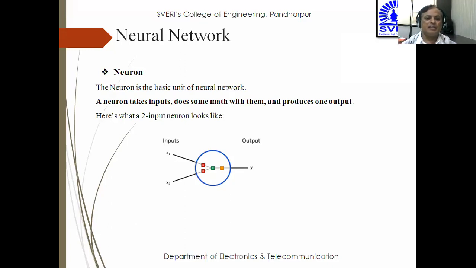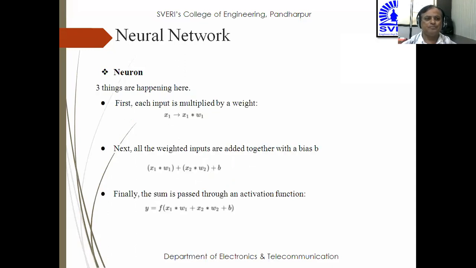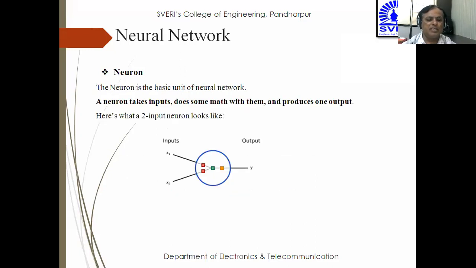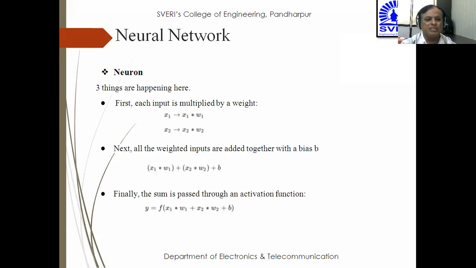You can see there are x1, x2, two inputs, and y as an output. Now, three things happen with the neuron. First, each input is multiplied by a weight. If you go back a little bit, you can see there is x1 and x2. First of all, x1 becomes x1 times weight 1. Now, what is the value of the weight? You can just change it.